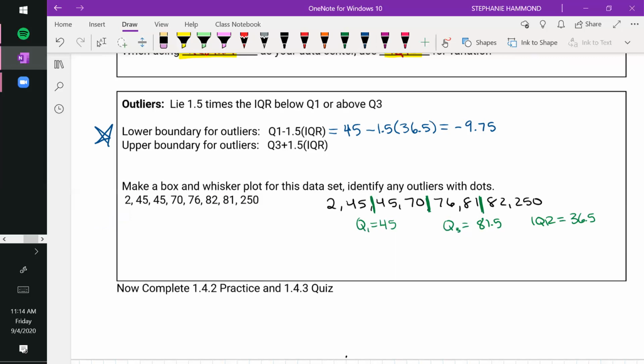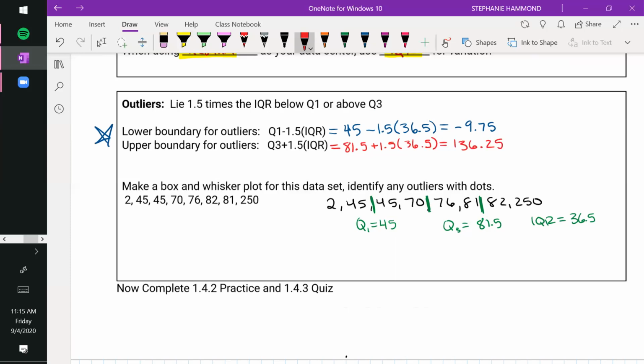Now we're going to look at the upper half. For the upper half, I'm going to take the third quartile, 81.5, and add 1.5 times the IQR. And when I do that, I get 136.25.